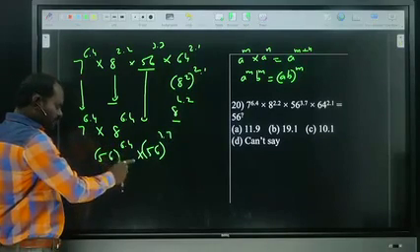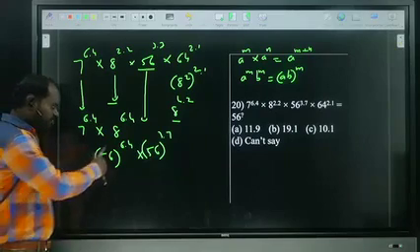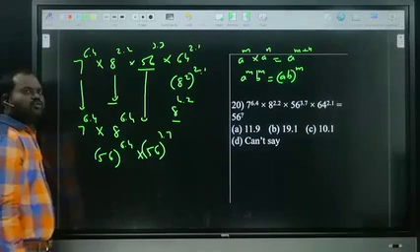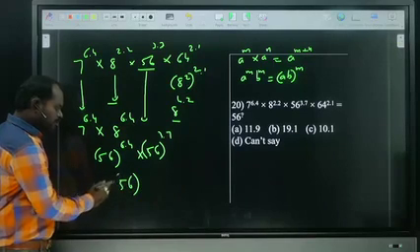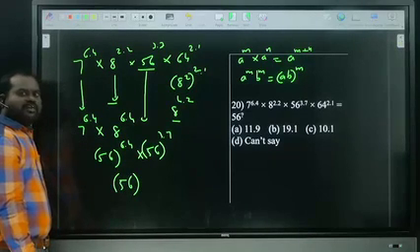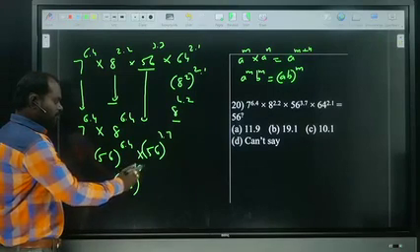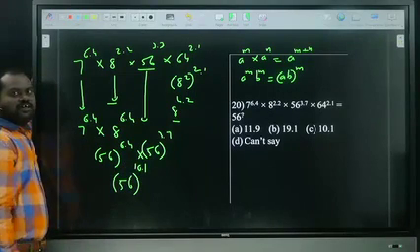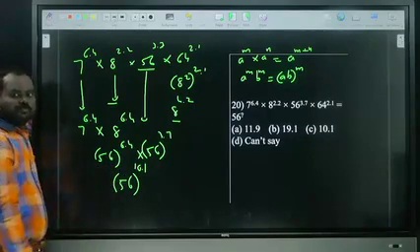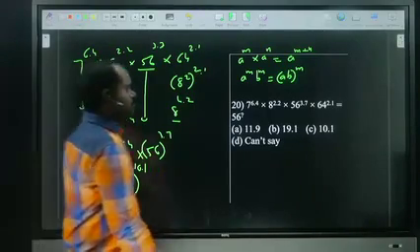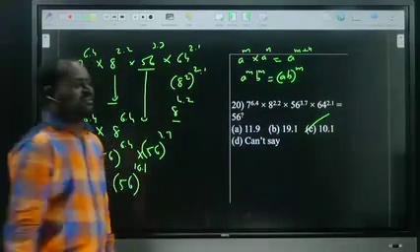A power m into a power n is a power m plus n, the base is equal, so we add the powers: 56 power 6.4 plus 3.7. 6.4 plus 3.7 is how much? 10.1. We require that only. In the power, what are we getting? 10.1. So 10.1 means option C. Is it clear? Option C is the answer.